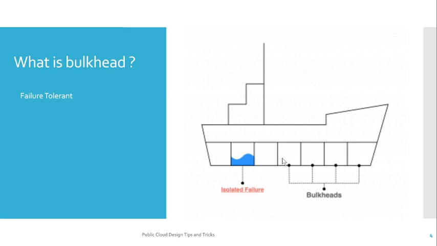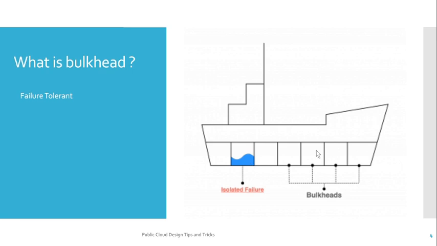That means the ship will not be affected entirely. Only that particular component will be affected, and it will be contained by the bulkhead, so that someone can go and fix that area.